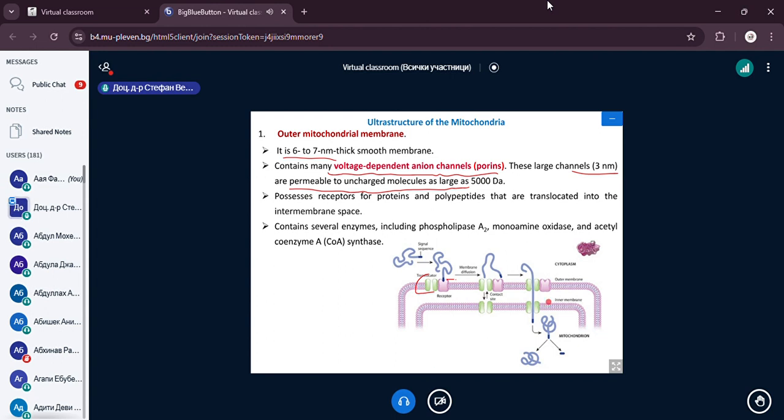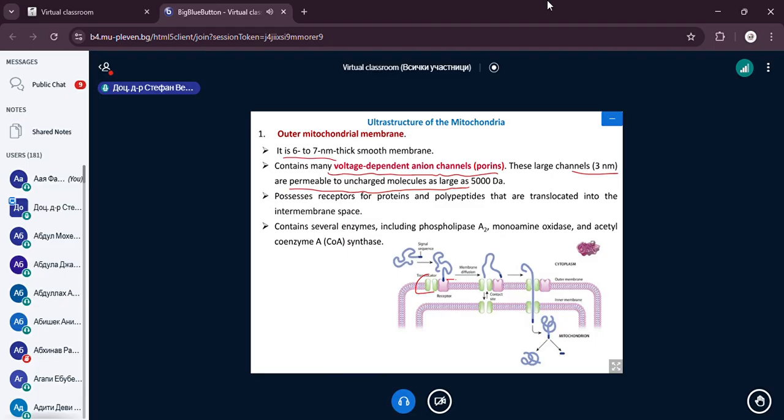And because of this, there is a theory about the appearance of mitochondria as organelles and why these organelles have a double membrane layer around them. It is supposed that during the process of evolution, mitochondria have been other prokaryotic cells, which have been taken by the eukaryotic cells via the process of endosymbiosis.